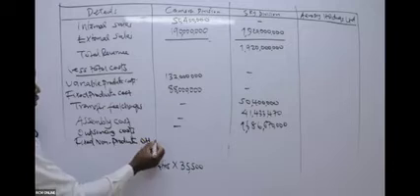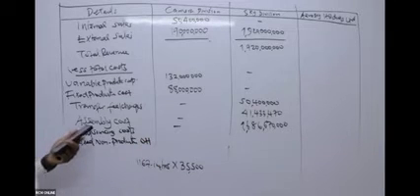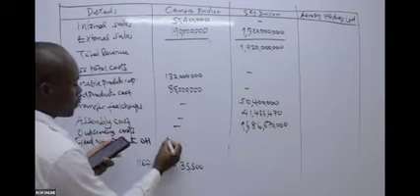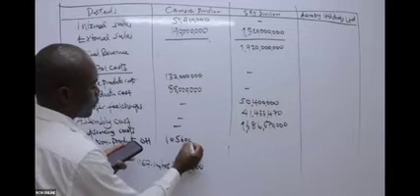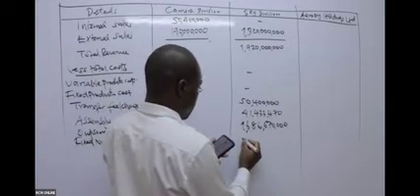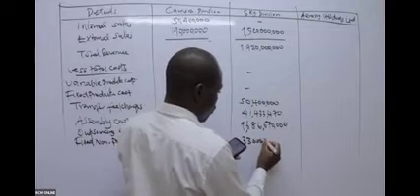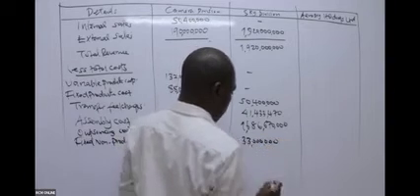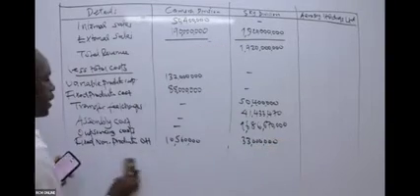These ones apply to both camera and Sky Division. So we have 10,560,000. Then we have 33 million.